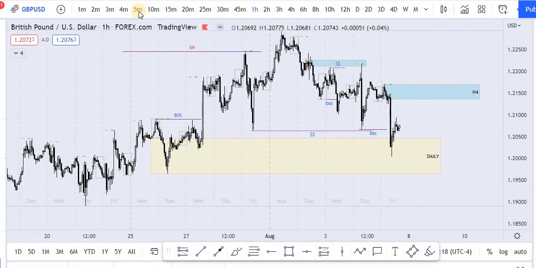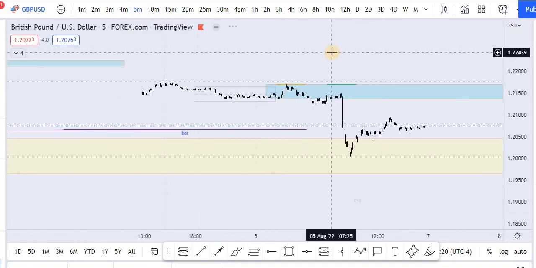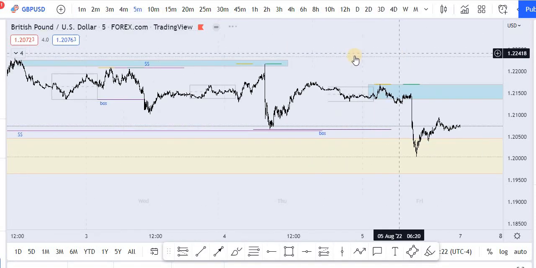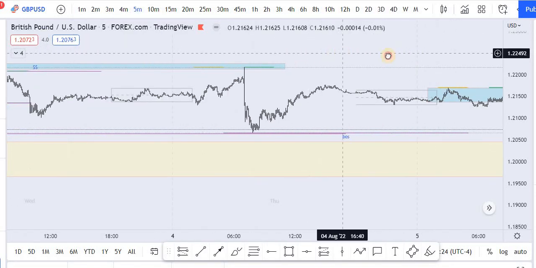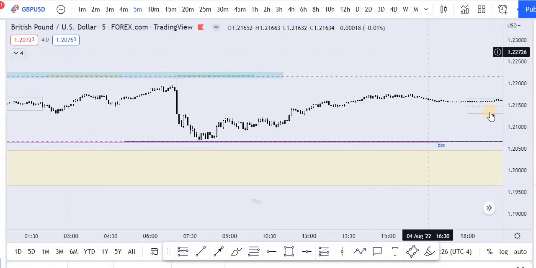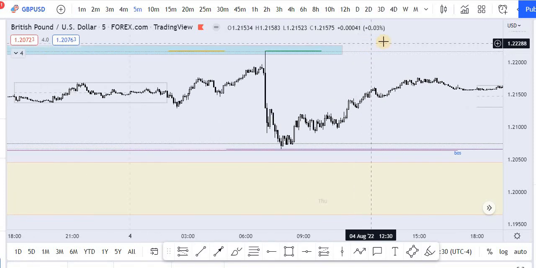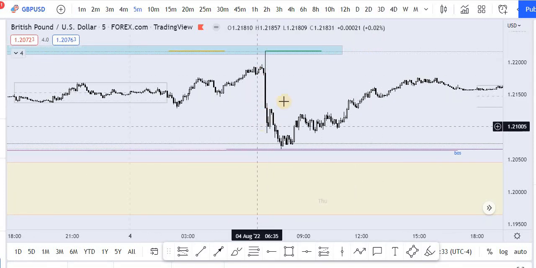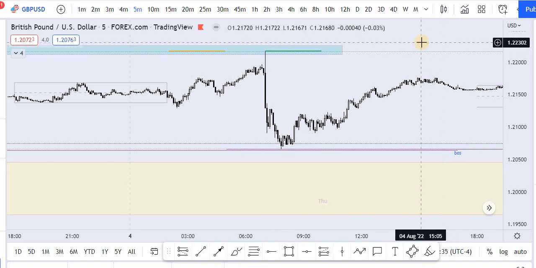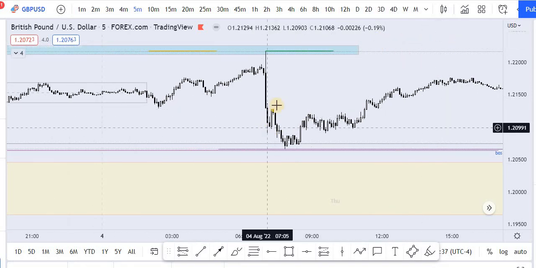If we scale down to the 5 minute time frame, in order for us to understand what I'm trying to say better, for example, you came onto your chart and you saw this move, and what a normal trader would want to do is to wait for a retracement.